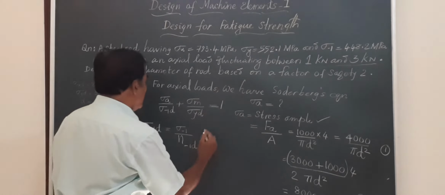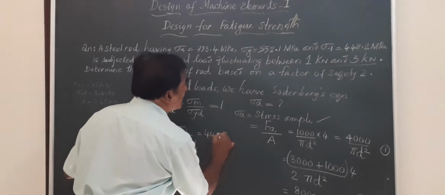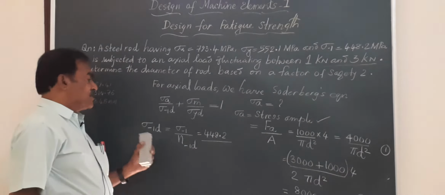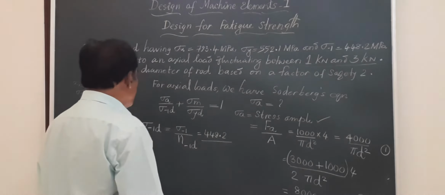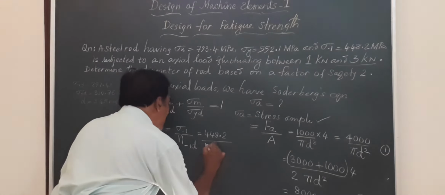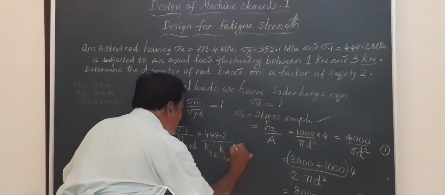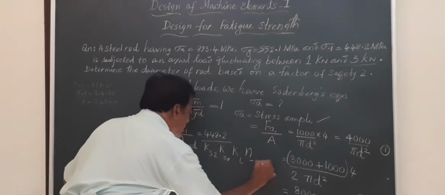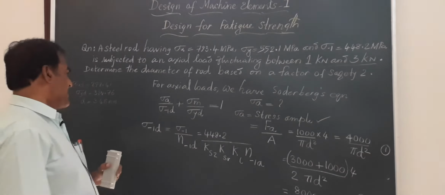Since it is given here as 448.2 MPa, I am going to substitute that value, divided by this n minus 1d, that is the design factor of safety, and this is given by the formula KSZ, K suffix SR, K suffix L, n suffix minus 1a. I am going to explain all these parameters one by one.